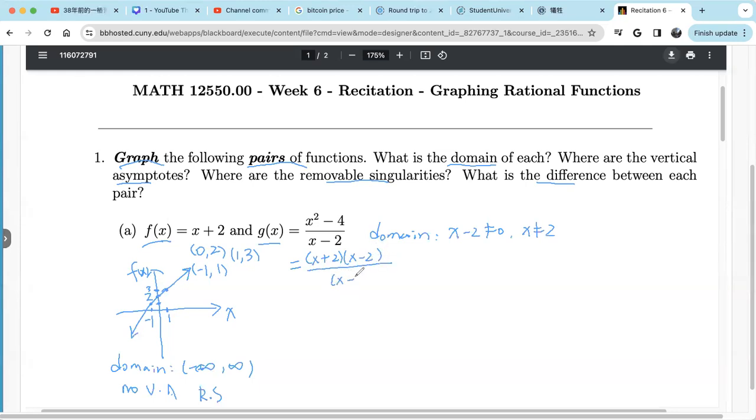Then the denominator is just x minus 2. So those two cancel, something divided by itself is 1. So that becomes x plus 2, just f of x, right? So after simplification, g is f, but in the beginning it's not, because of x minus 2, so 2 is not in the domain.